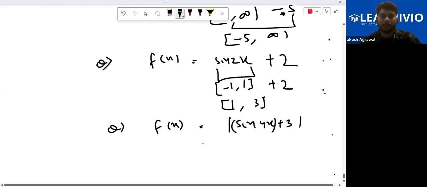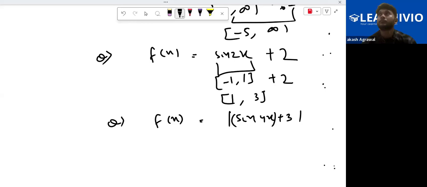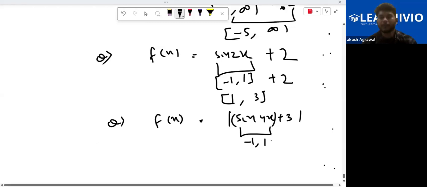Okay. Sine 4x plus 3. Minimum and maximum of this function. Okay, same way sine 4x would be from -1 to 1.